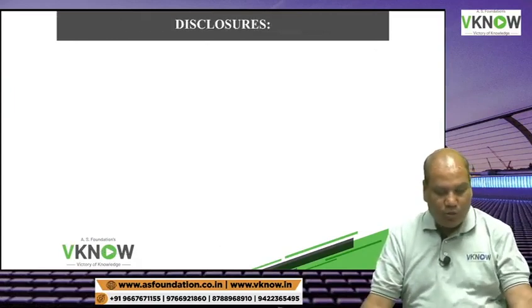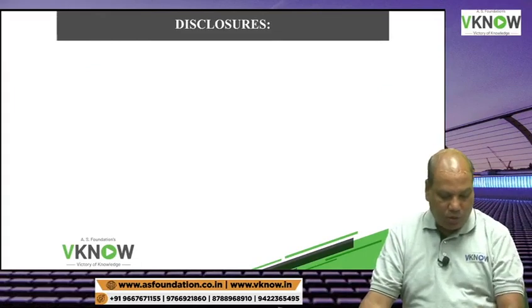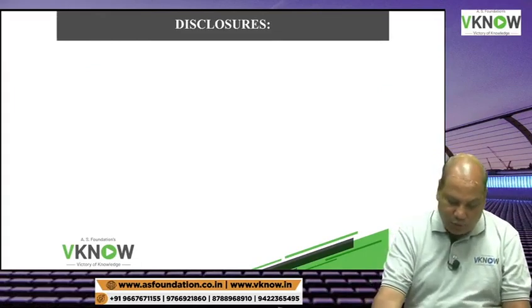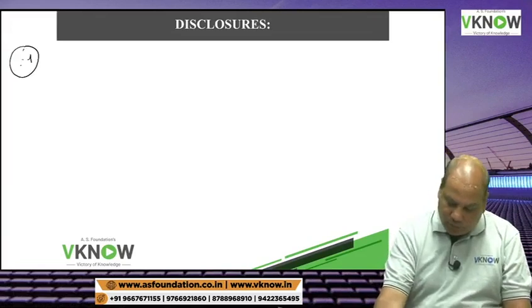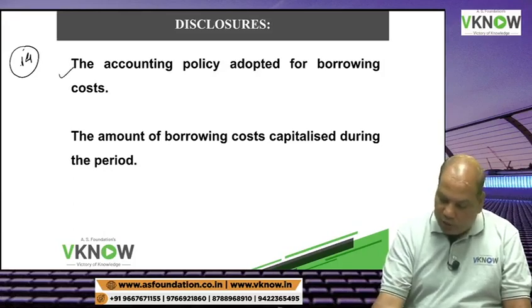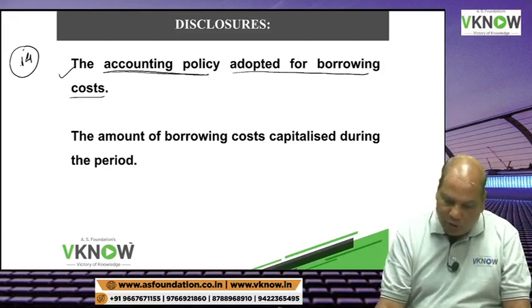Come back to your book. In your book, you will find there is a disclosure requirement also, paragraph 14. Disclosure requirement is just two. One is to disclose the accounting policy adopted for borrowing cost.